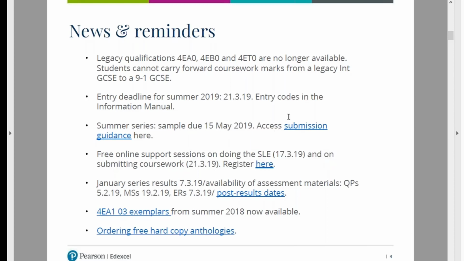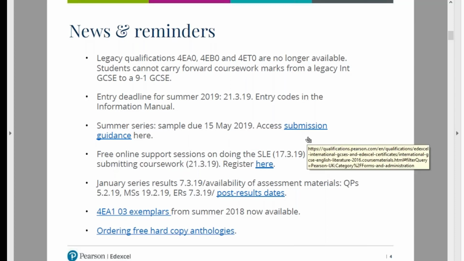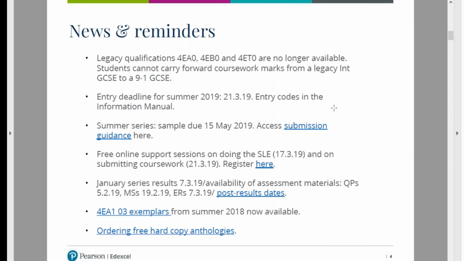When you get this PowerPoint in due course, there's a link to the submission guidance. I have to confess that I have not yet updated the 2018 guidance, but everything is the same except that the due date is the 15th of May 2019 instead of 2018. The 15th of May date doesn't change from year to year, it always stays the same.